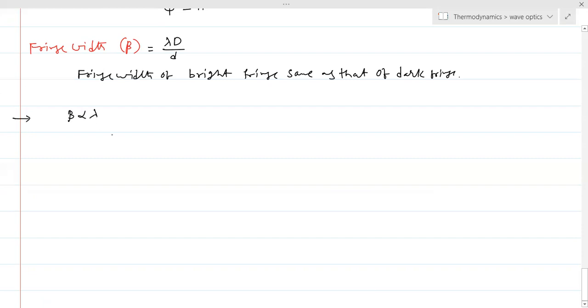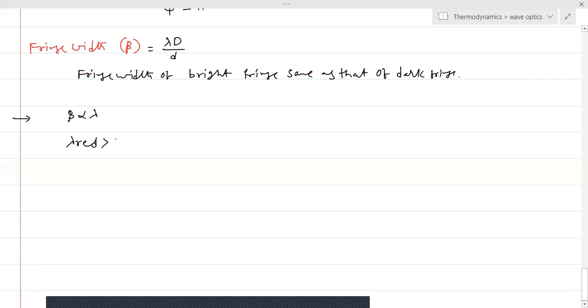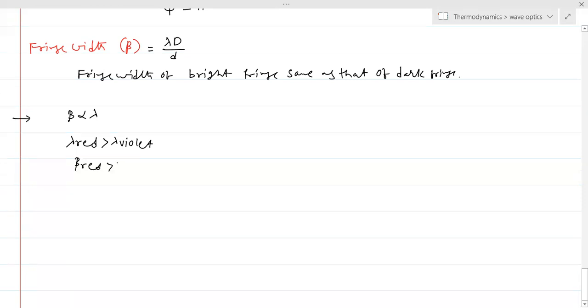They may ask that if the wavelength of the light source is changed from red to violet, then what happens to the fringe width, whether it increases or decreases. Whenever we replace red by violet, we know that lambda red is more than lambda violet. So obviously beta red is more than beta violet.